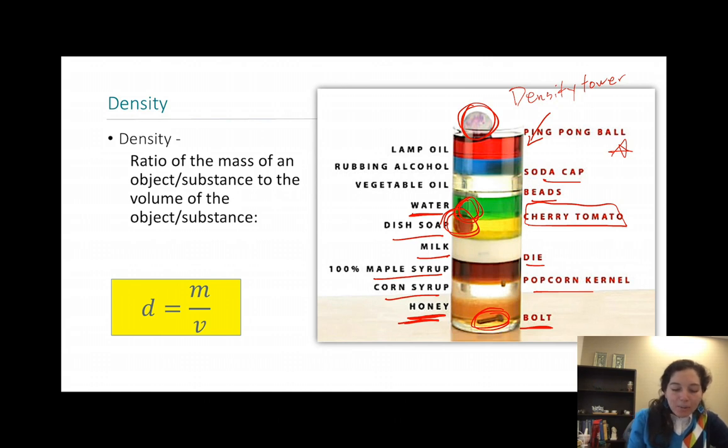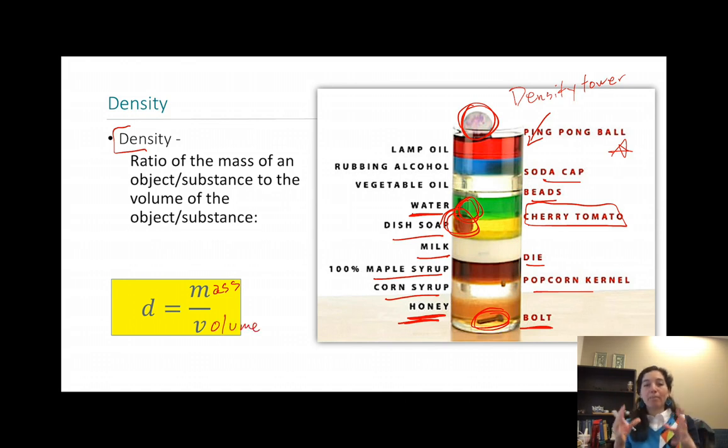All right, so let's define what density is. Density is the ratio of the mass of an object to the volume of the object. So this is your mass over your volume. It's how much mass you have in a specific space.